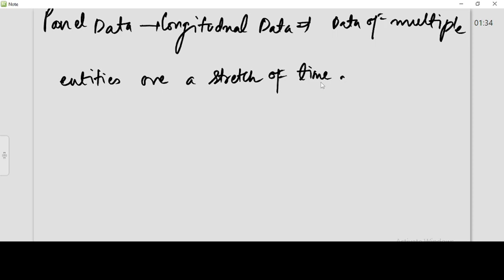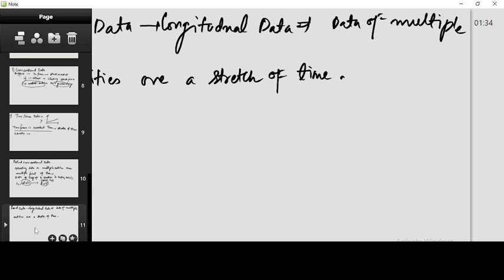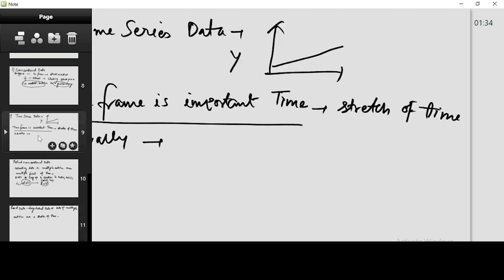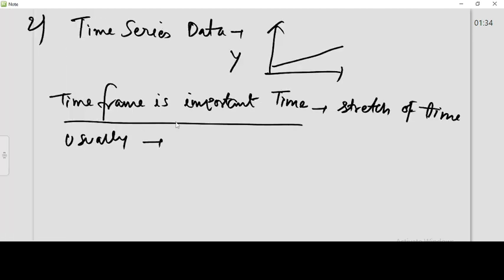One thing I forgot to mention, in the case of time series data, is that the variable that you have taken and the data on the variable that you are calculating remains fixed. If you have taken the GDP of India and you are checking how it has performed over the years, that thing would remain the same.